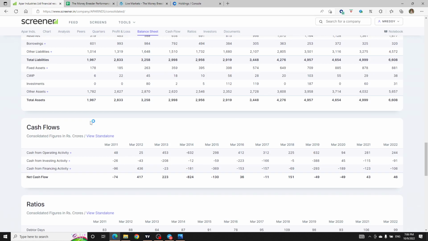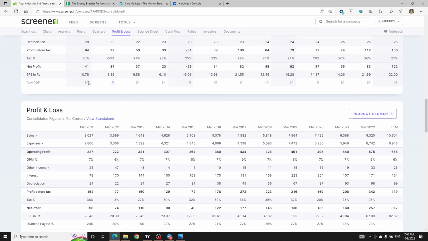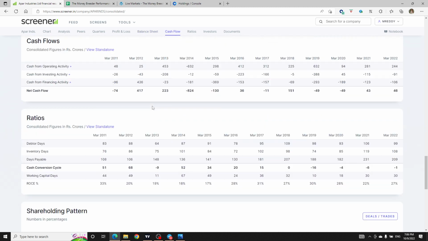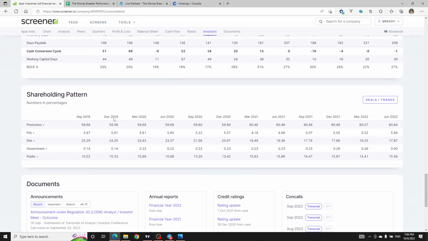The rest is self-explanatory, you can go through all these things. I am interested only in the shareholding pattern. If the promoter is increasing, it means he is very interested in the business. That is where he is trying to show more interest in this company. And also FIIs are increasing their stake. DIIs are doing some profit booking, which is quite common.